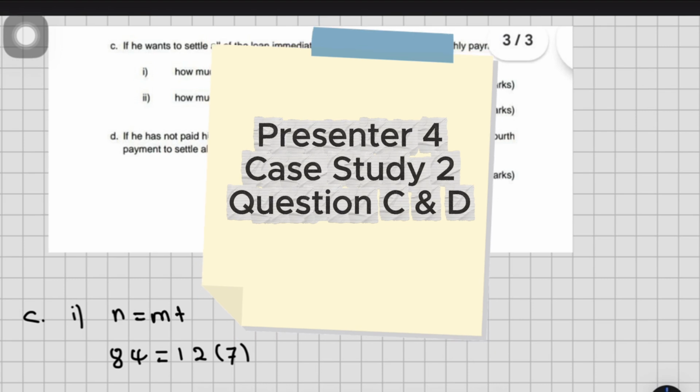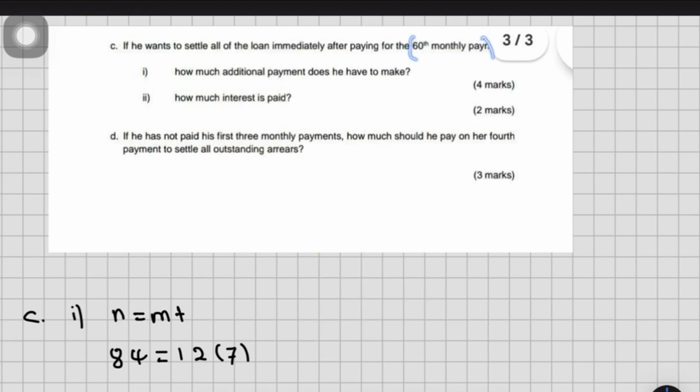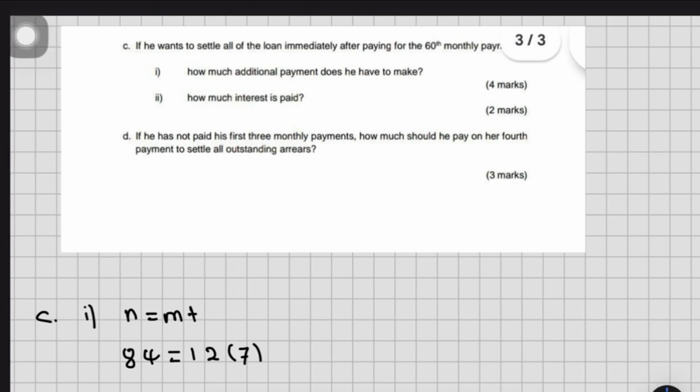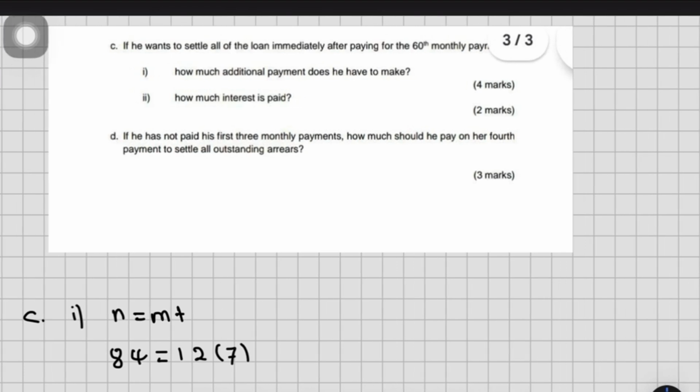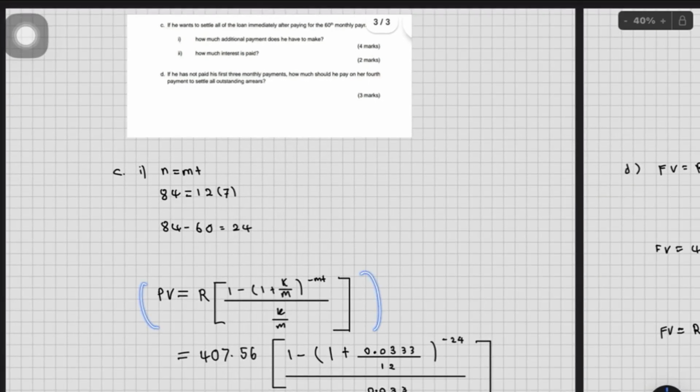For question C1, the objective is to determine the outstanding loan balance after Encik Mazuki has made 60 monthly payments. Since the total loan period is 84 months, completing 60 payments means that there are 84 minus 60, which gives 24 months remaining. To calculate this outstanding amount, I use the present value formula for the remaining annuity payments, which is PV equals R bracket 1 minus bracket 1 plus K per M to the power of negative MT, over K per M. In this formula, R represents the monthly repayment, which is RM 407 and 56 cents.